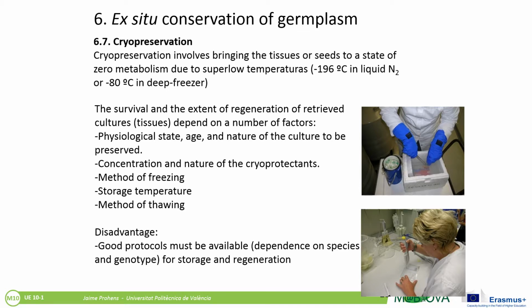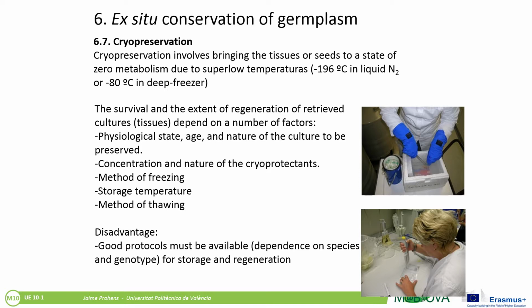The survival and the extent of regeneration of retrieved cultures subjected to cryopreservation depends on a number of factors, like the physiological state, age, and nature of the culture to be preserved, concentration and nature of the cryoprotectants, method of freezing, storage temperature, method of thawing.